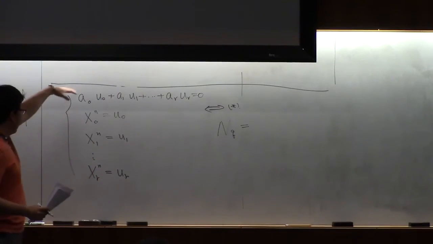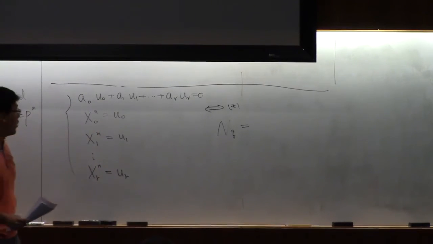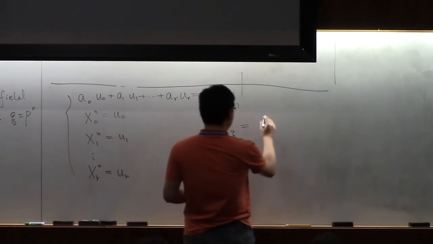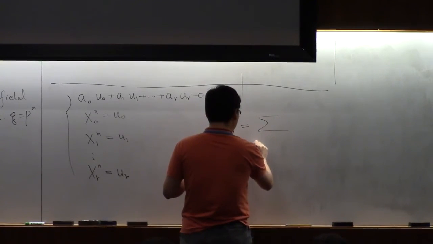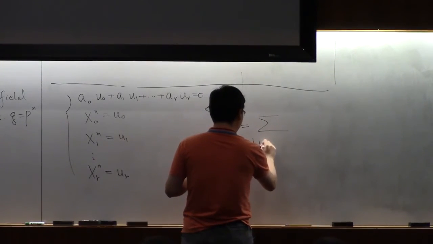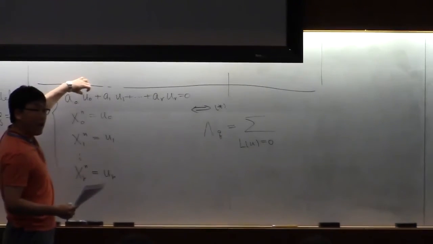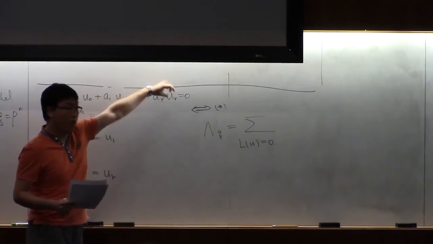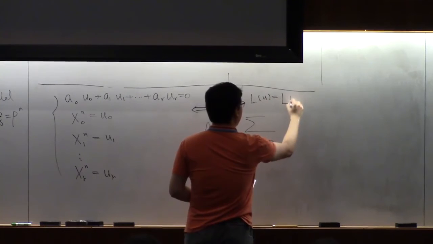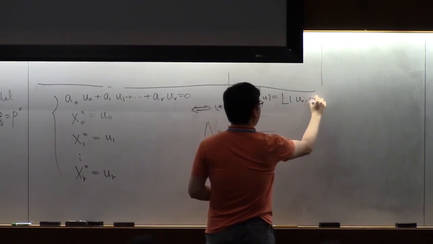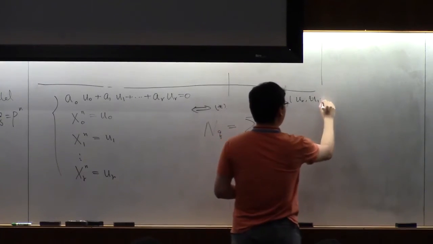Because if you write the equation in this way, you can first fix the value of u0, u1, and u_r. So here this l(u) is a linear function of the r plus 1 tuple.